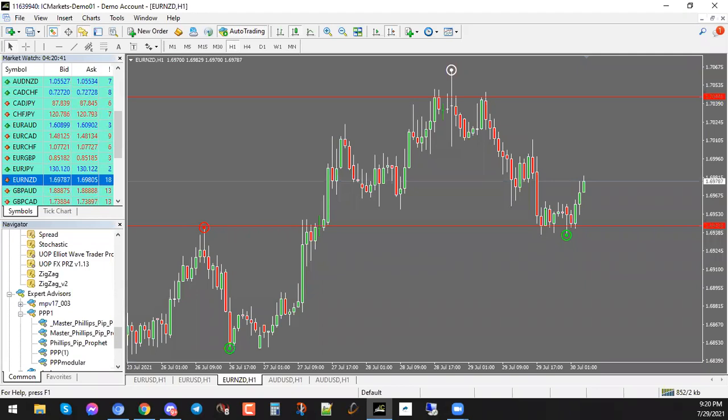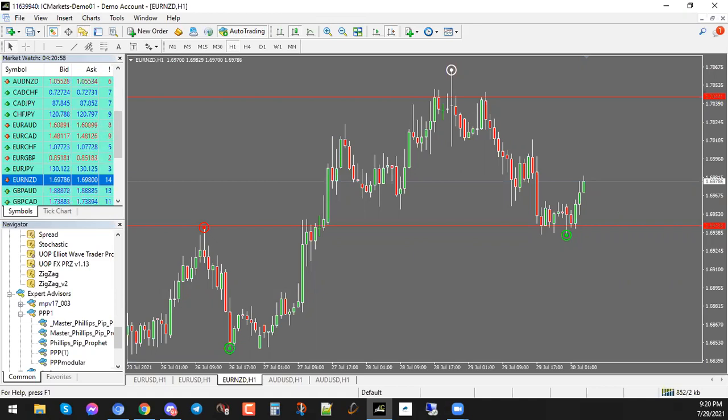Okay, so if you're trading on the 1 hour time frame, then you just trade this on the 1 hour time frame. You don't necessarily need to be looking at the 4 hour and all of that.